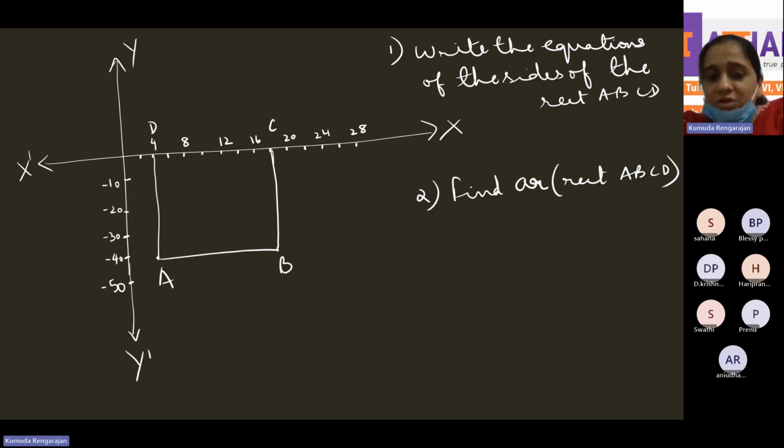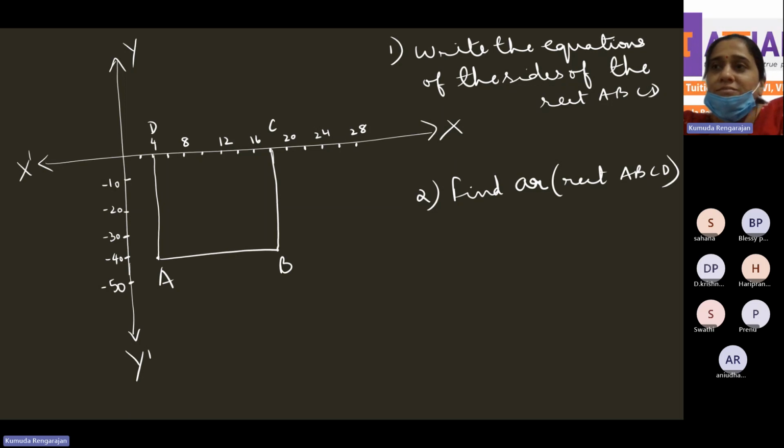Y plus 40 is equal to 0. Very good, Swati. Next, BC. Equation of BC. 18. X equals 18. X is equal to 18 or X minus 18 is equal to 0.